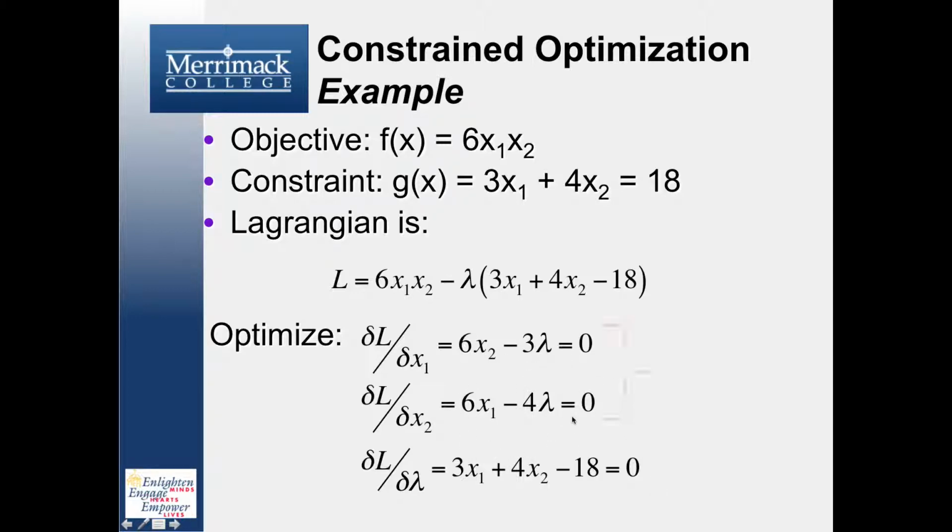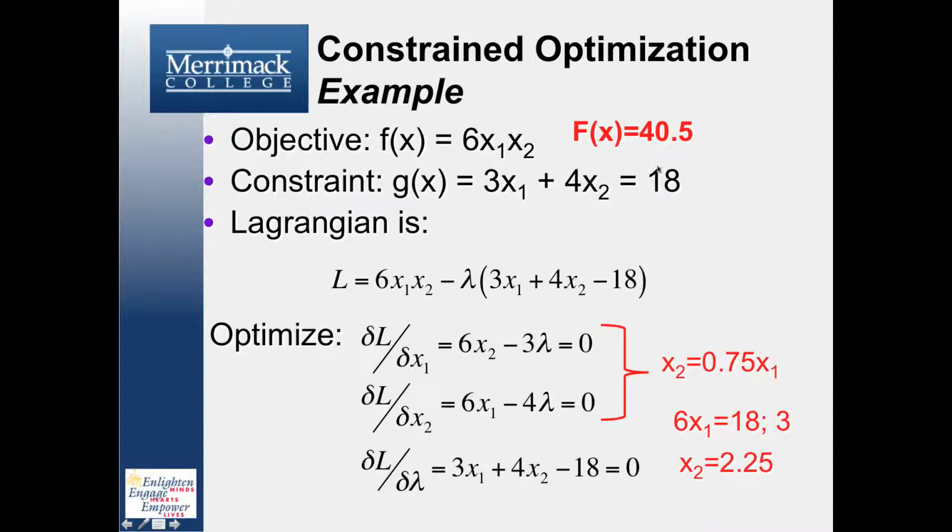Pretty straightforward to solve these. x2 is 0.75 x1, and I can then find x1 is 3. x2 is 2.25. Okay, so that's it. So the maximum value then is 40.5 given these numbers.